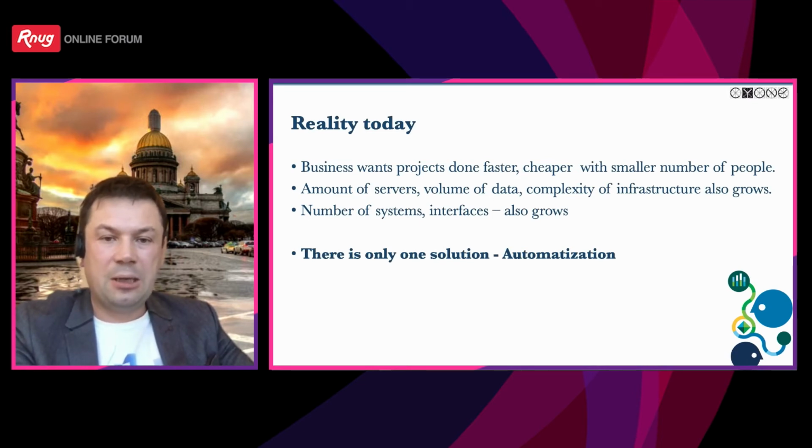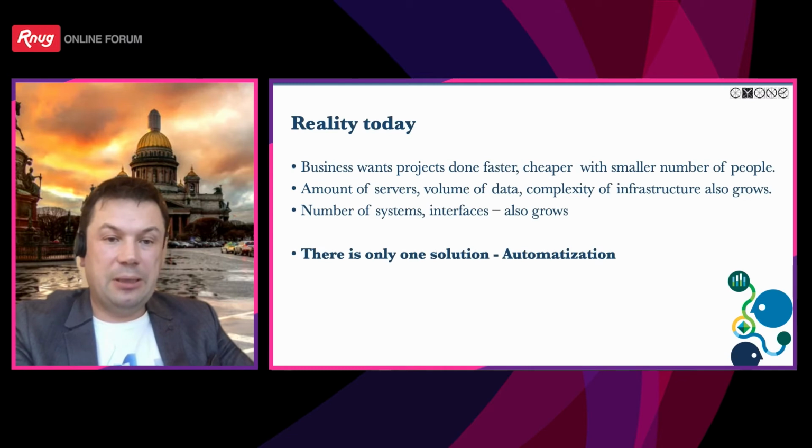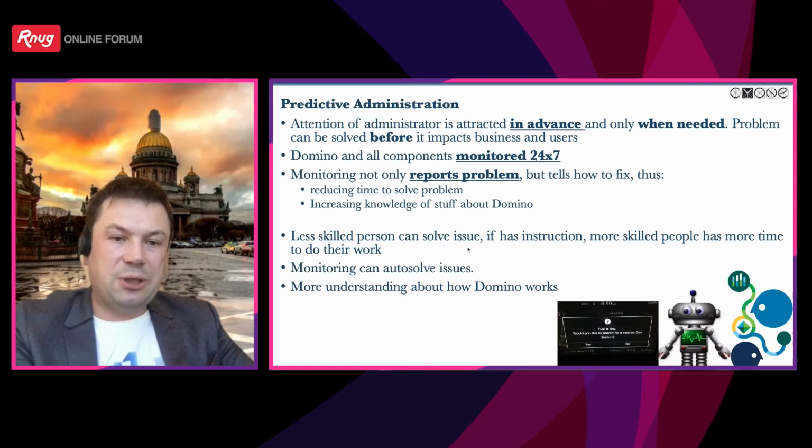So the reality today is that business wants projects to be done faster, cheaper, with a smaller number of people. Unfortunately, this is correct. So to implement all this, we have just one solution, which is automation. We can diagnose the problems, and the administrator is involved only when it is indeed necessary, when something needs to be reconfigured.